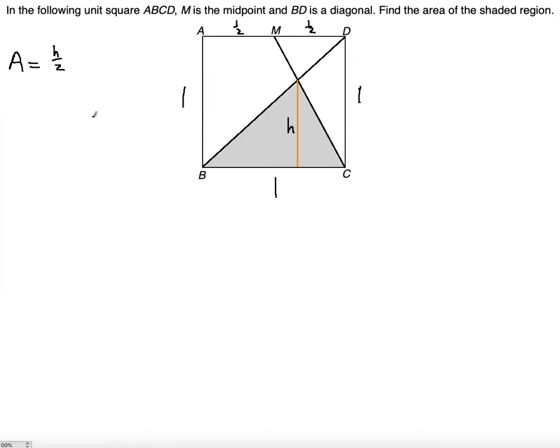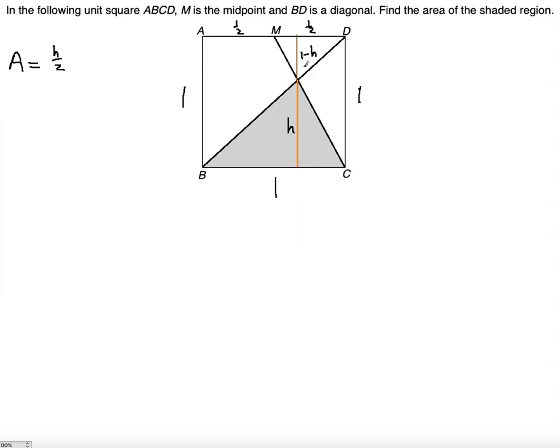What remains to be seen now is that if you extend this height, and I'm going to show it with another color, you will name this as 1 minus h, because the whole square side is 1, so 1 minus h is the remainder of the h that we drew.